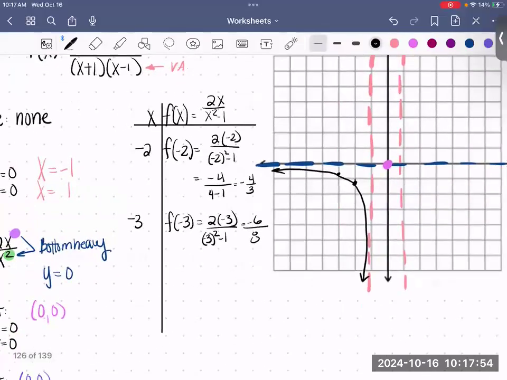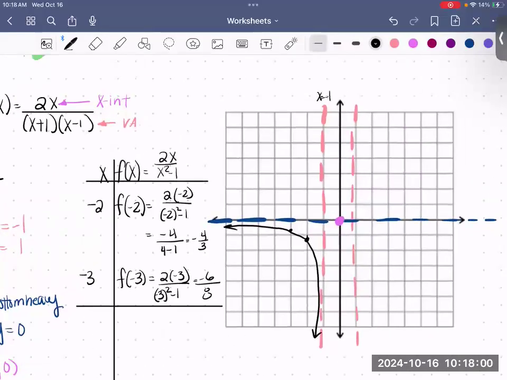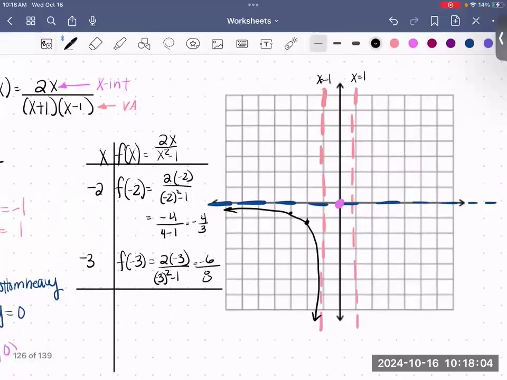Now, let's take a look at maybe some positive numbers. So again, this being x is equal to -1 and this being x is equal to +1, we want to pick some numbers to the right of 1. So maybe 2 and 3 again. So this being now a +2 over 2 squared minus 1.